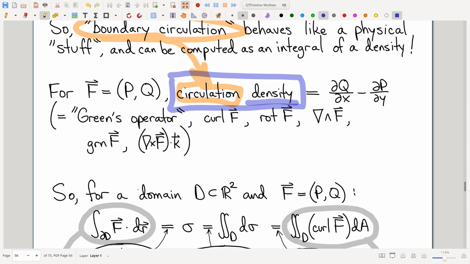Okay, so lots of different notations. This is the formula for how to compute it. I'm not going to show y'all why that works. It is mathematically important. But from our point of view, how is this going to help y'all? Is this going to help you gain an intuition for Green's theorem? I don't think so, right?